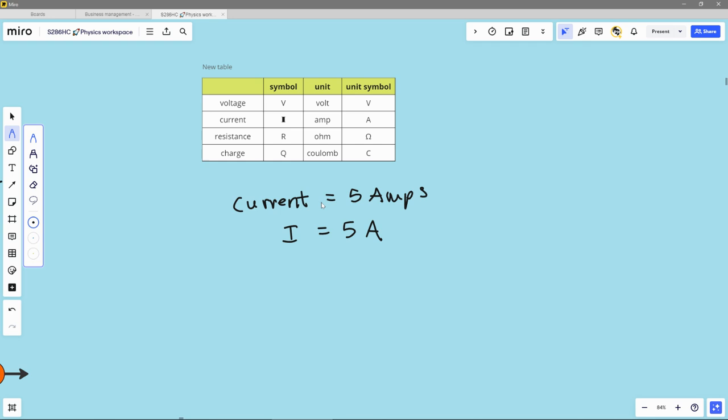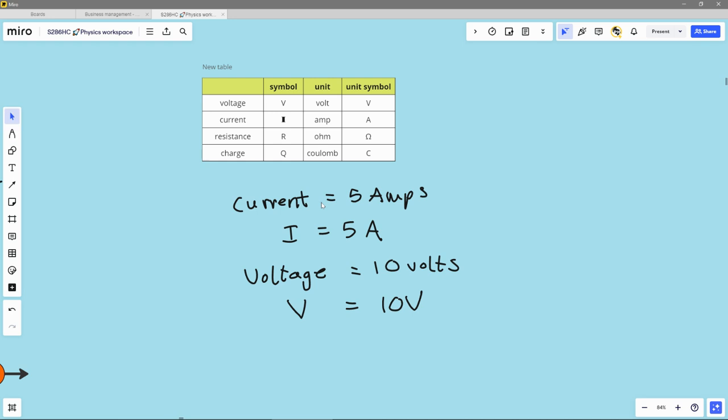Now, voltage could be a bit confusing, because if I say voltage is equal to 10 volts, instead of writing voltage, I write a capital V. Instead of writing volts, I write a capital V. Now this looks a little bit confusing if you know anything about algebra, because that V and that V is not the same V, right?